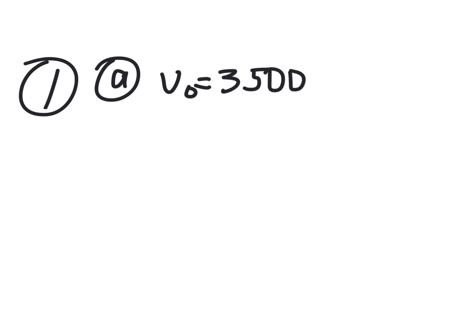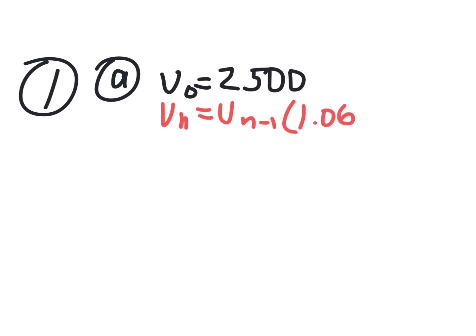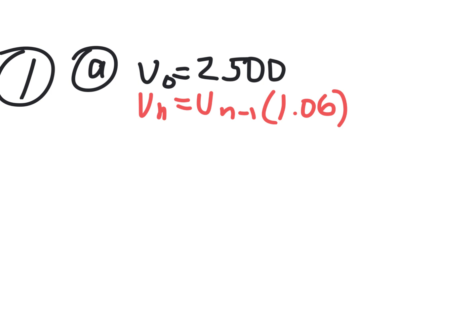Keep going. And then U n minus 1 times 1.06. Do you get that that's 6% growth, everybody? And then to the x, or what did they say? Next. Is that it? Yeah.